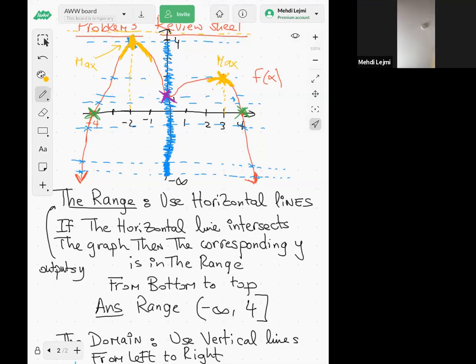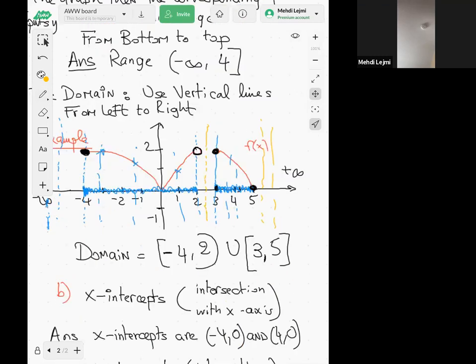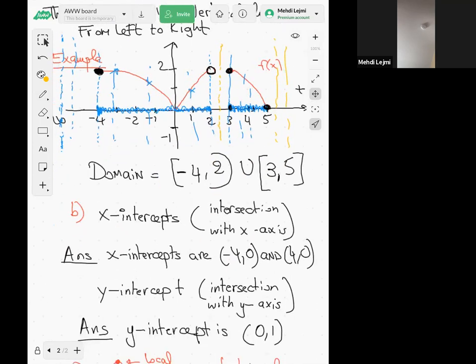Now, what about local minimum? Well, here you can see we have a small parabola open up. So this point here, (0, 1), is a local minimum, right?